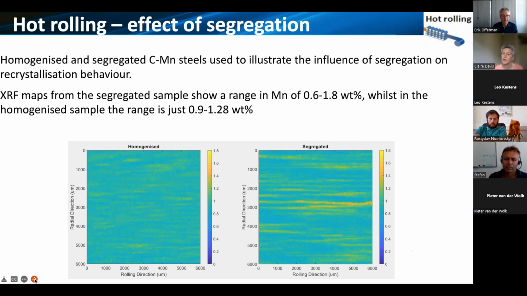And bottom right, you can see the strong banded segregation of manganese. And then we've done some repeated heat treatments to homogenize the sample. So the sample on the bottom left is the same material, but now homogenized. You can still see the remnants of the segregation, but it's much, much lower. And if you look at the range of values, we've been able to homogenize it quite well.